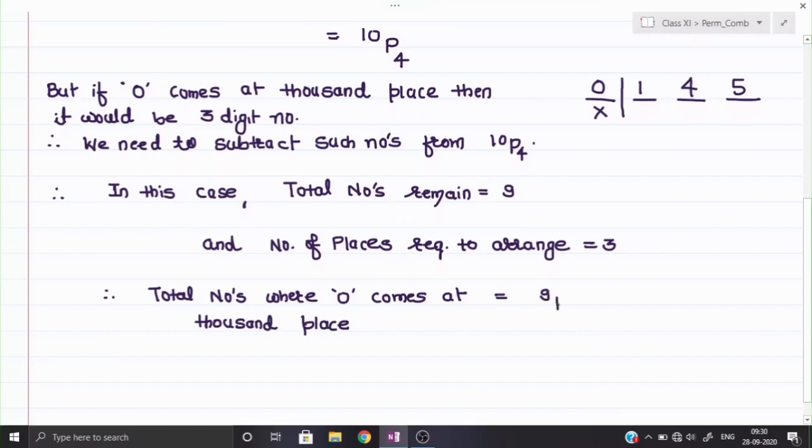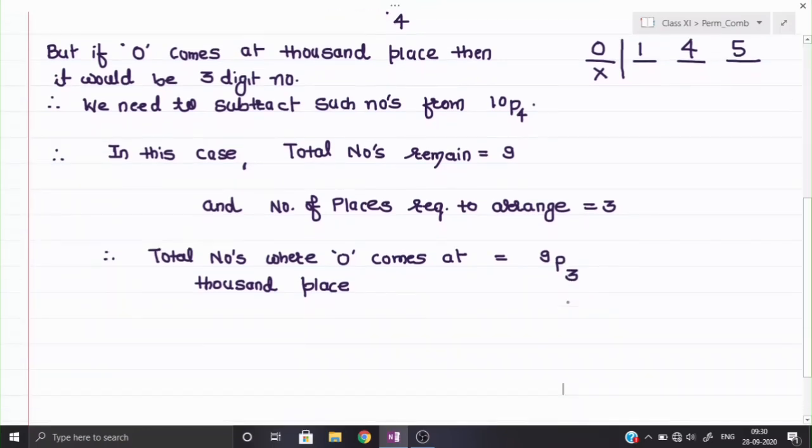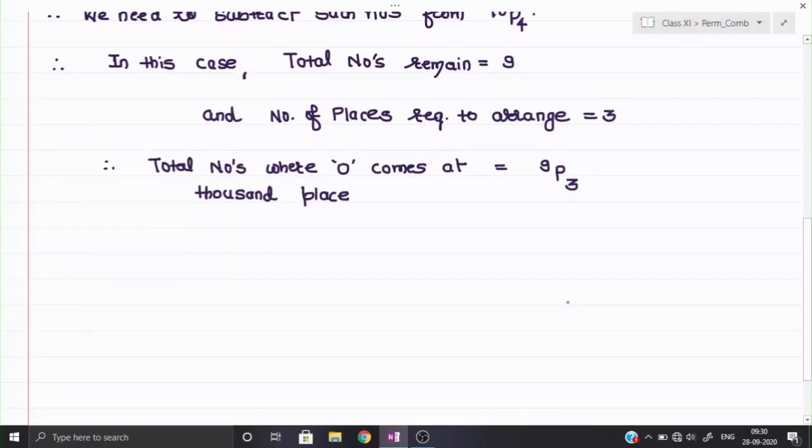In that case the formula will be 9P3, because total numbers are 9 and the number of places we are arranging here is 3. So now 9P3 we need to subtract from 10P4. So we can say that therefore the required number of ways will be equal to 10P4 minus 9P3.